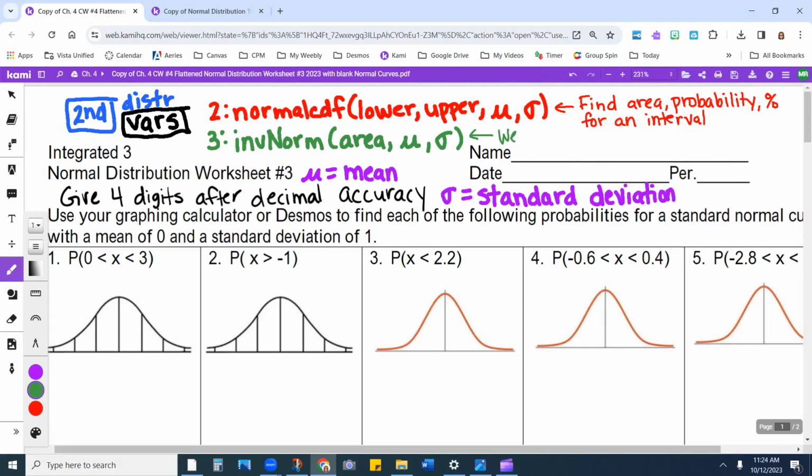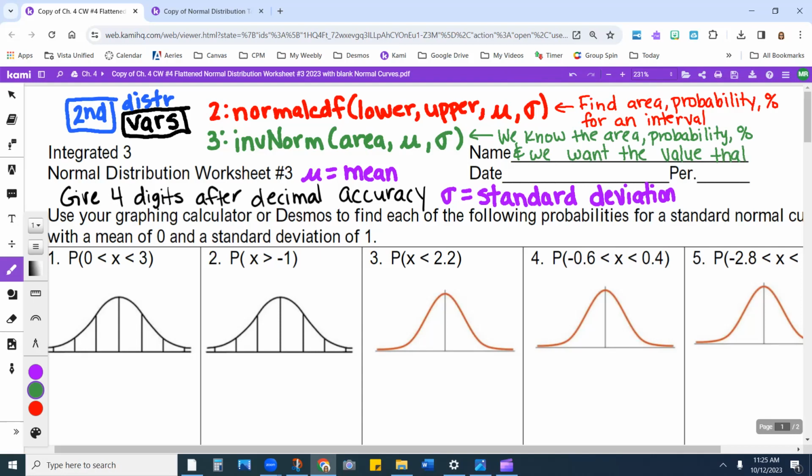That could be a z-score if we're talking about a standard normal curve, or it could be an actual value that's related to our data.